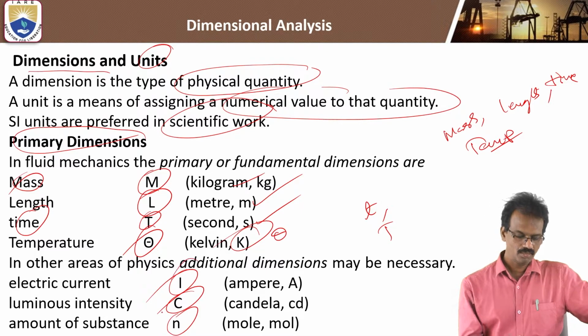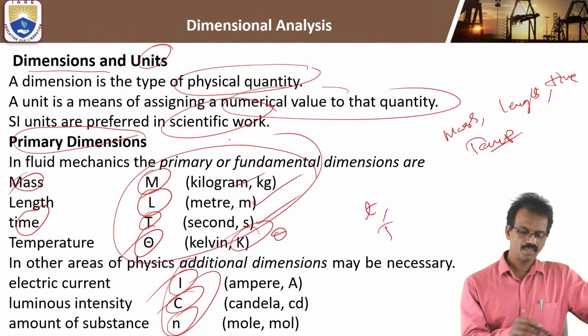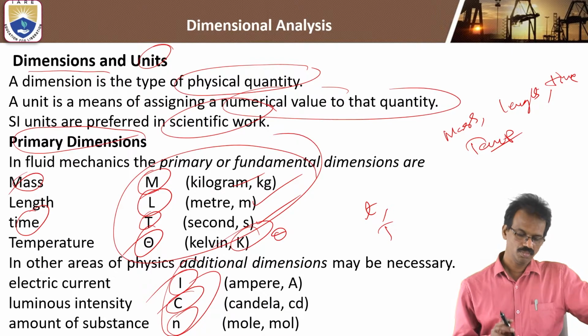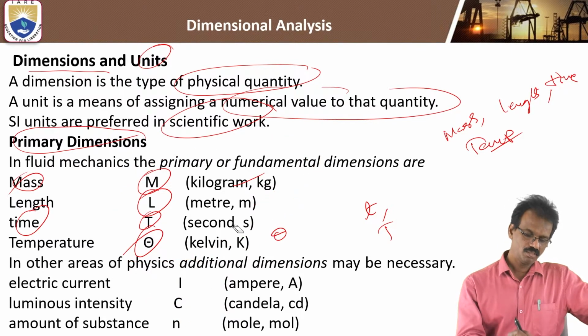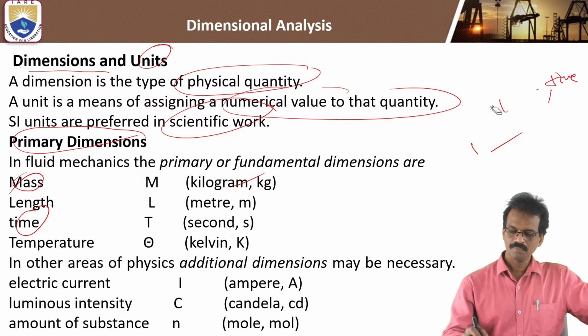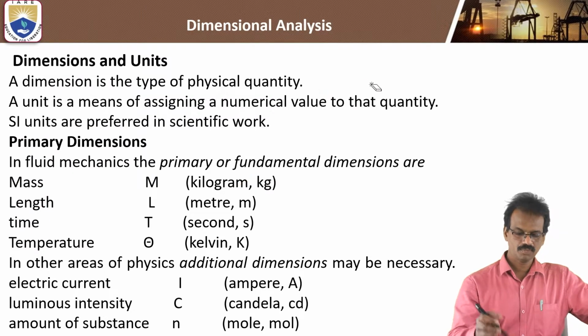These are the basic dimensions, but mainly we use these four: mass, length, time, and temperature. By using these dimensions we can convert the parameters into dimensionless groups. We'll see how to do that.